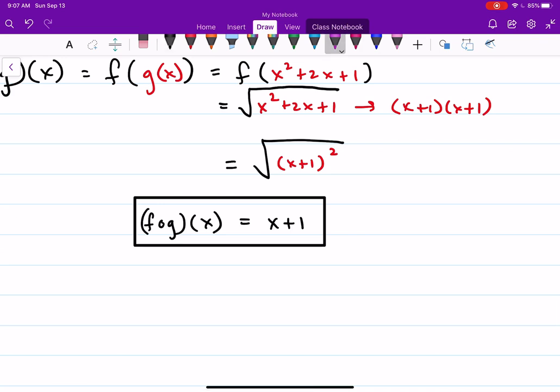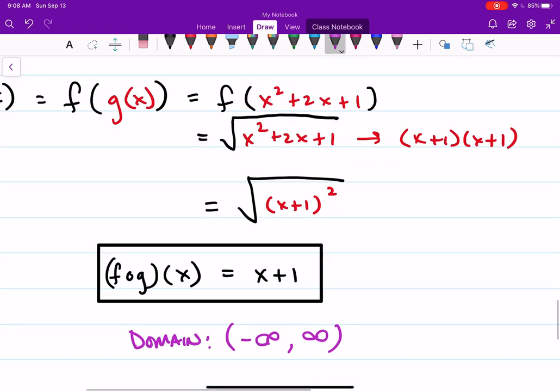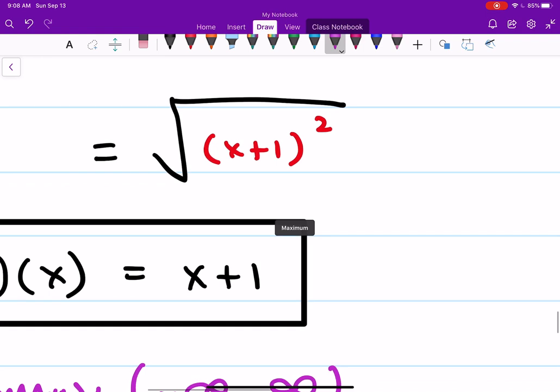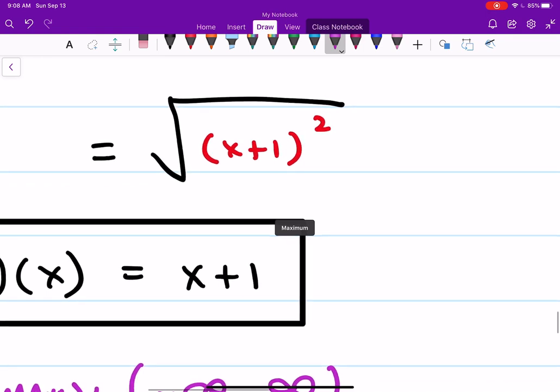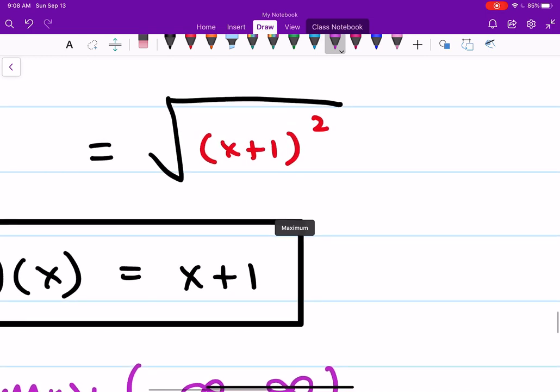But what is my domain? Correct. It would be negative infinity to positive infinity because my radical went away, right? Initially, I was saying that inside has to be greater than or equal to 0. Well, the thing of it is it's squared. So if you look at just this piece right there, it's x plus 1 squared. I can throw any negative numbers in there, and plus 1 is still going to be negative, and that square is going to become positive.